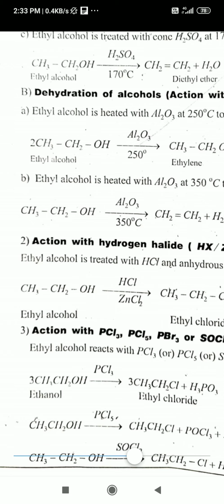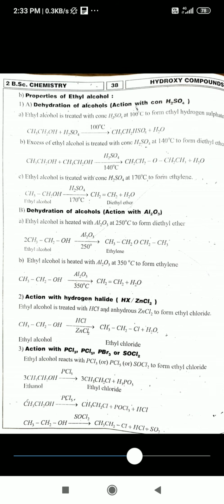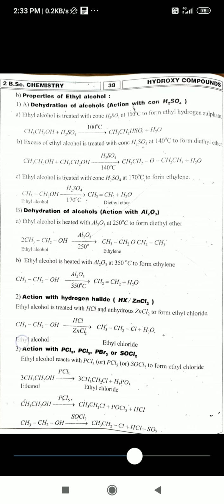When ethyl alcohol reacts with phosphorus pentachloride, in that case, we will get ethyl chloride, phosphoryl chloride, and HCl as the main products. When ethyl alcohol reacts with thionyl chloride, we will get ethyl chloride, sulfur dioxide, and HCl as the main products.